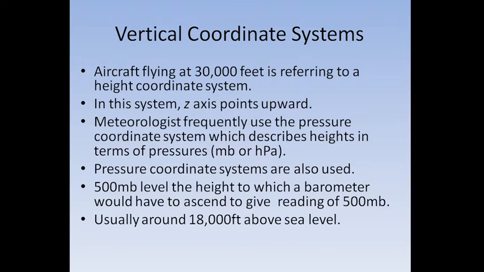It's variable on a 500 millibar chart. When you throw the contours on there, they're curved. You have troughs and ridges, so some areas are lower than others on the 500 millibar level. Usually it's around 18,000 feet above sea level, the standard atmosphere. It's about 18,289 feet to be exact, and that is your 500 millibar standard height.